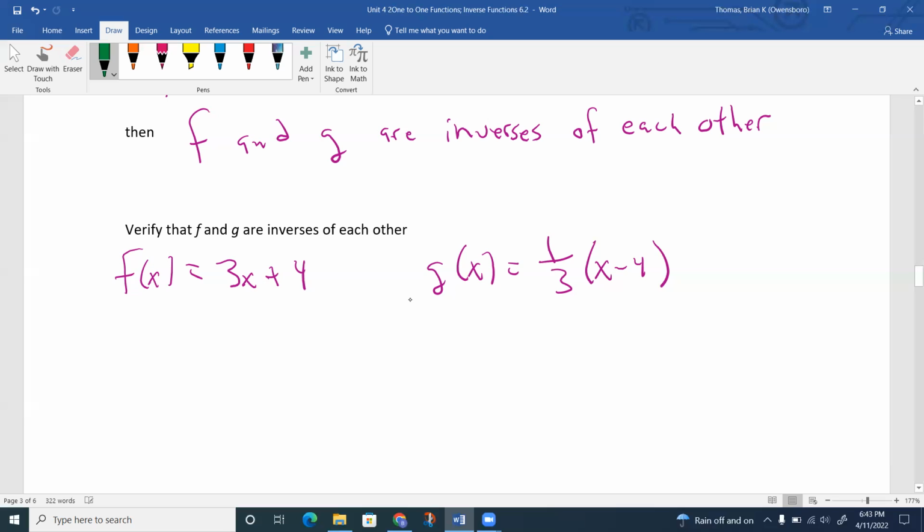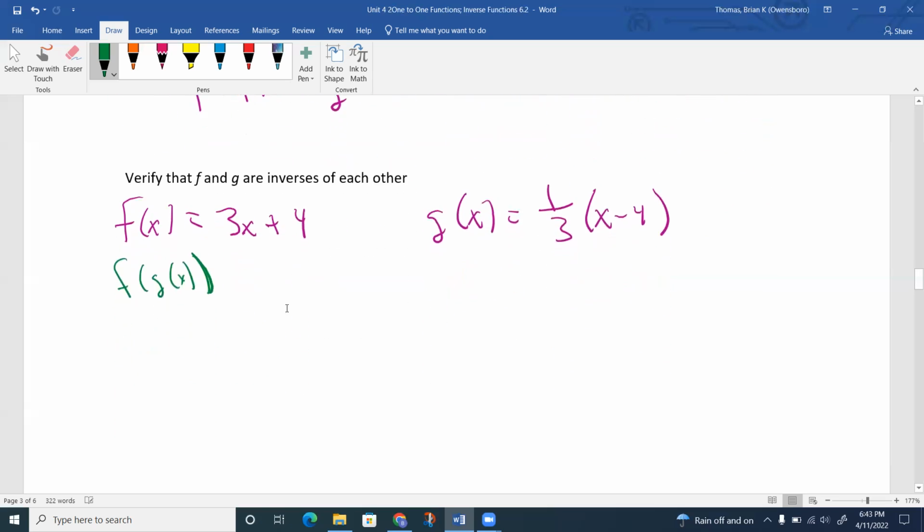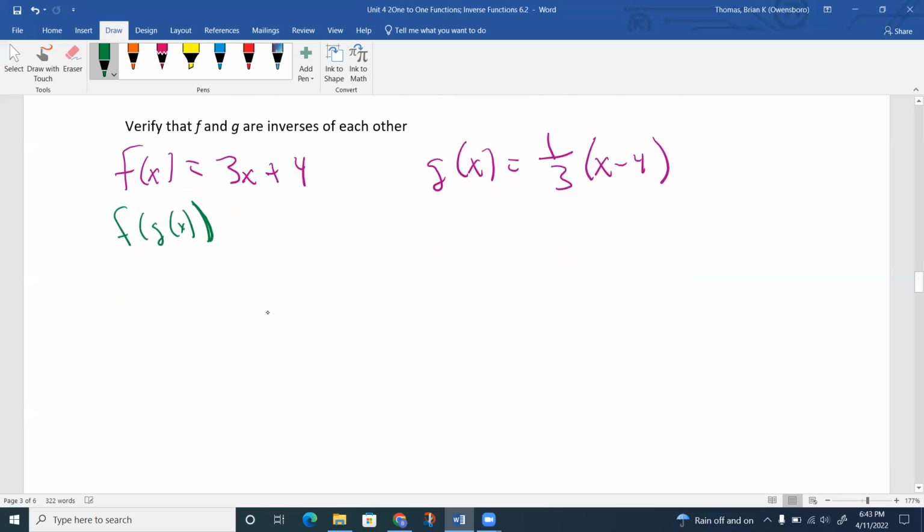So let's move on and see if we can actually prove these are indeed inverses of each other. First off, we have to evaluate f of g of x, and what I'm hoping for is it gives me x. To evaluate f of g of x, we first have to identify what g of x is.